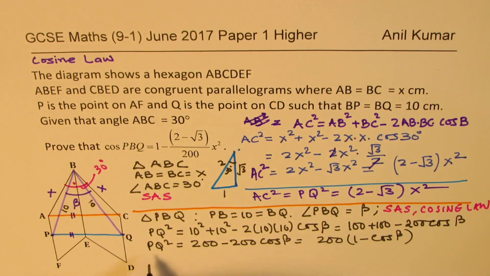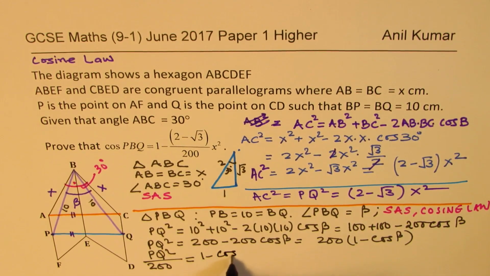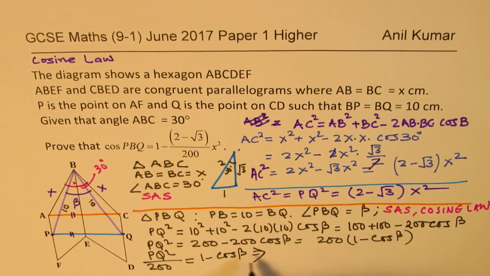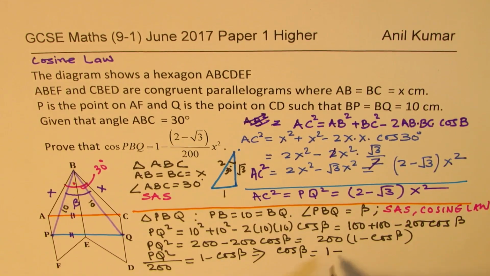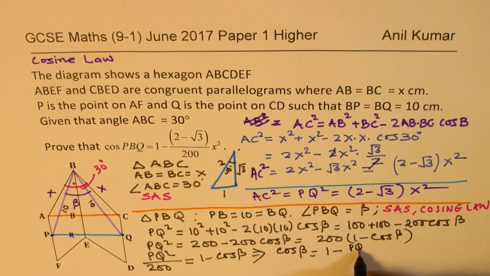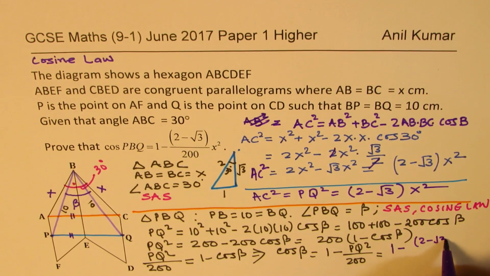So from here we can say PQ square over 200 is equal to 1 minus cos of beta, and that gives you, now rearranging, bringing cos beta here, cos beta is equal to 1 minus PQ square over 200, and we know what PQ square is, so let's substitute. So we get this as 1 minus 2 minus square root 3 x squared divided by 200.